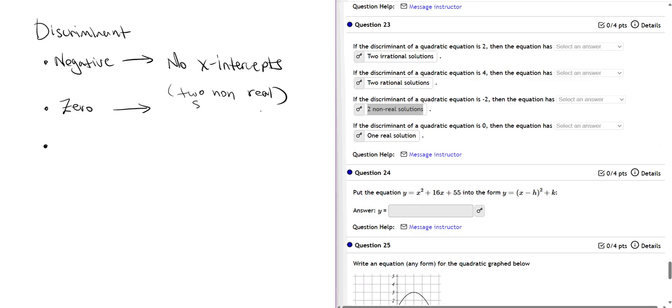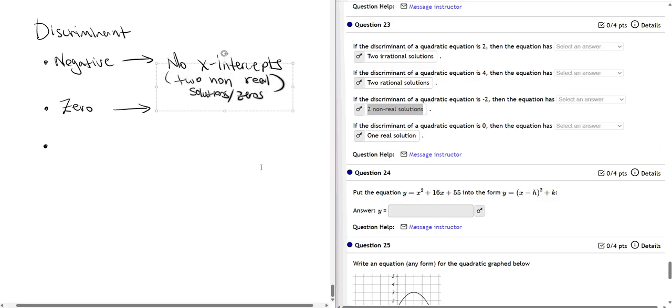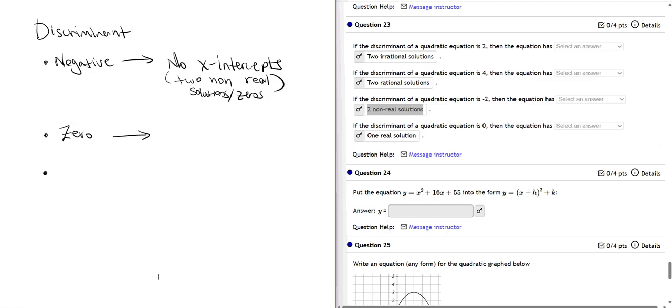So two non-real solutions or zeros, versus this case, just one x-intercept, which is one real solution or zero.